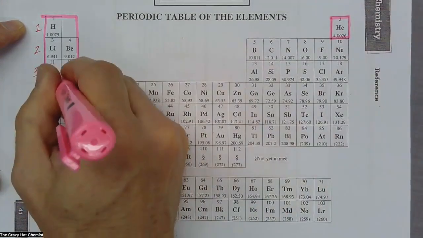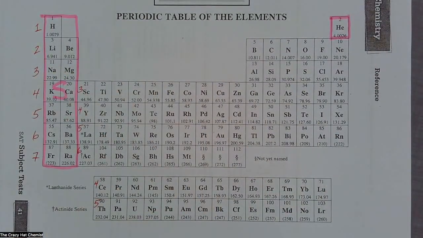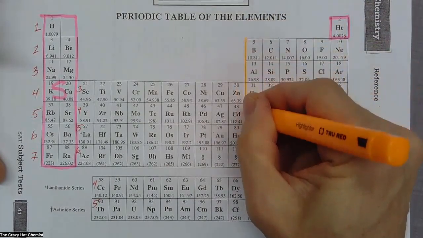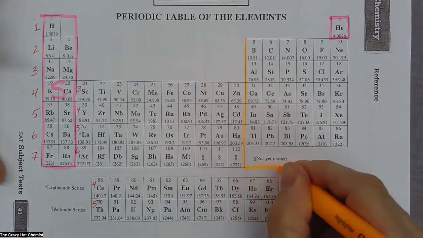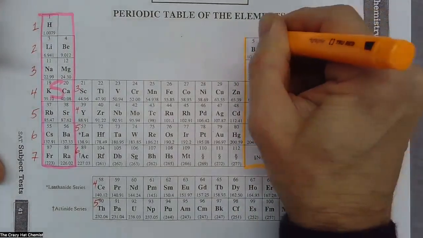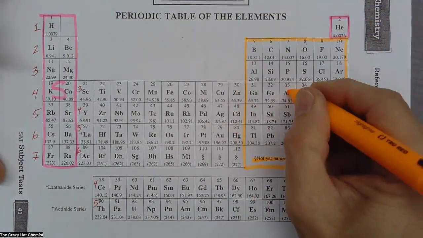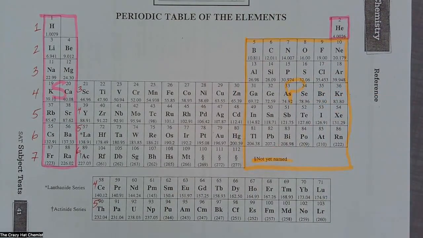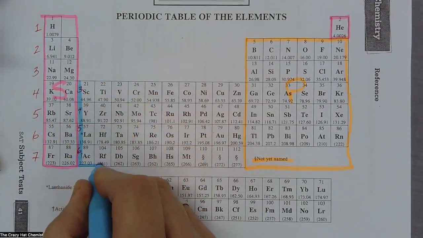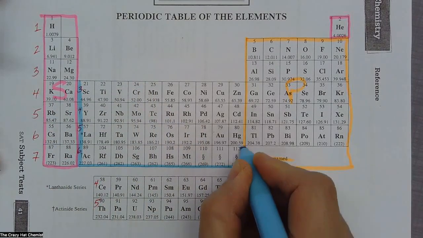These are s-type orbitals right here in the pink. And then we have the p-type orbitals right here in the orange, and the ones that are not yet named are also p's. In the blue are the d-type orbitals.